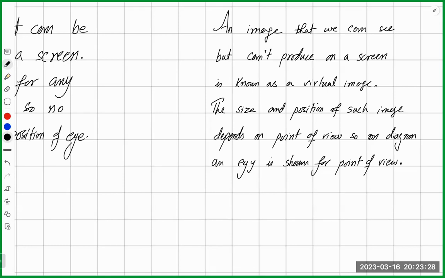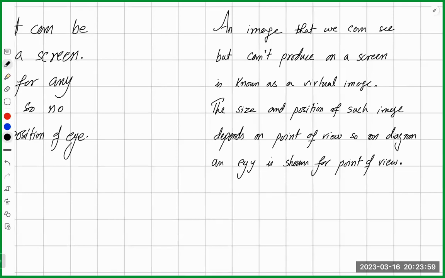So the image in a mirror is a virtual image because it depends on point of view. But if there is a projector in a class, no matter where you sit, you will see the same image. So that is a real image because it is produced on a screen and it does not depend on point of view. It will be the same for everybody in the room.